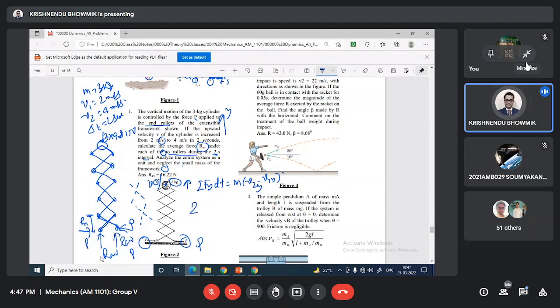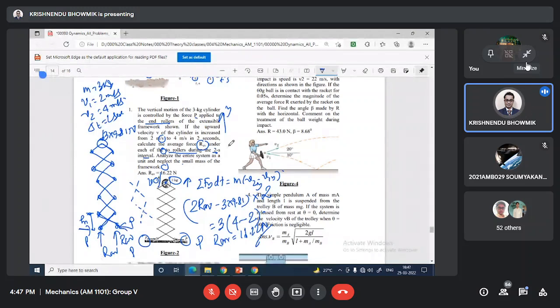That is basically 2 R average minus mg, 3 multiplied by 9.81 multiplied by dt of 2 seconds, equal to mass 3 times velocity 4 minus initially 2. You can calculate R average: 16.22 Newton. Is it okay? Simple, you just put it there.